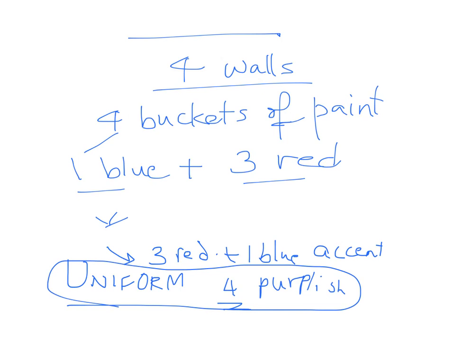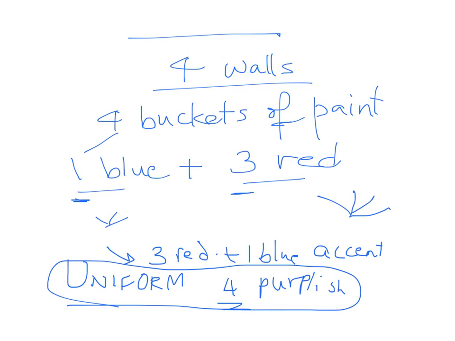What we do is we pitch in the electron density and we redistribute that into the 4 hybrid orbitals. That's exactly what we do. So just like we mixed the 1 blue with the 3 red to get a purple color, and then redistributed it back to the 4 buckets so that each bucket goes to each wall, that rule is still followed. That's exactly what we do in the case of hybridization.